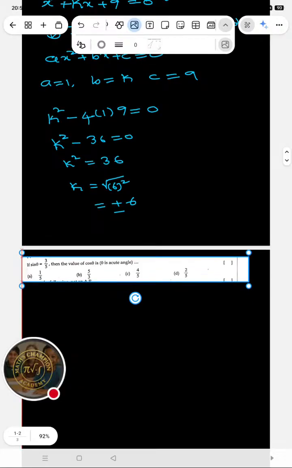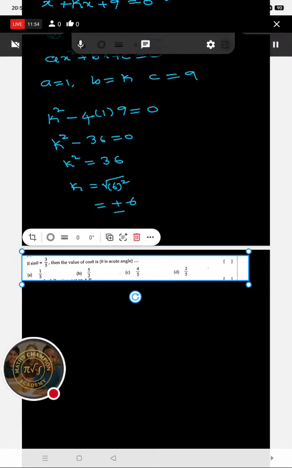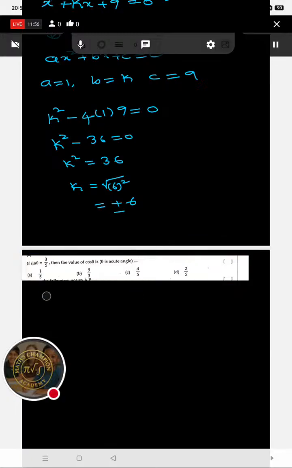Next question here. Sin theta value is given. What is sin theta?